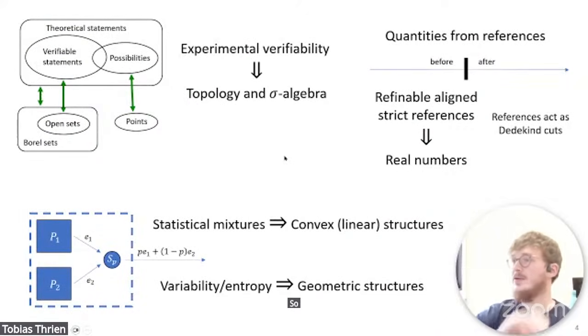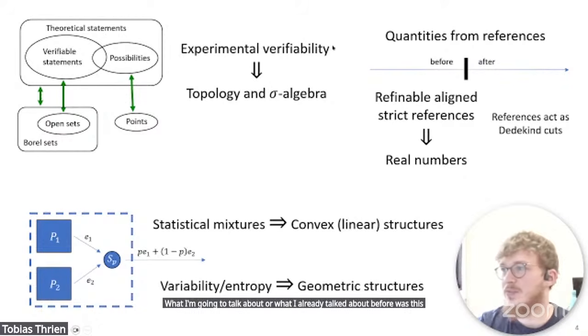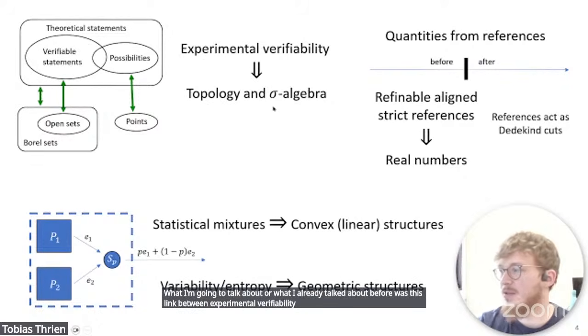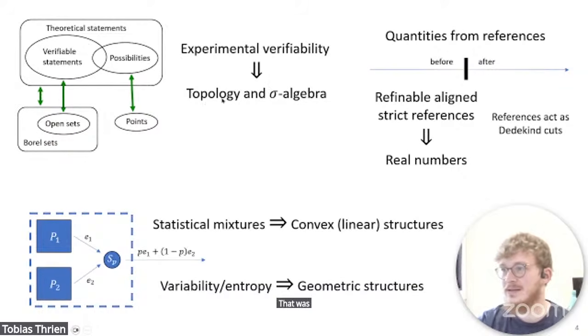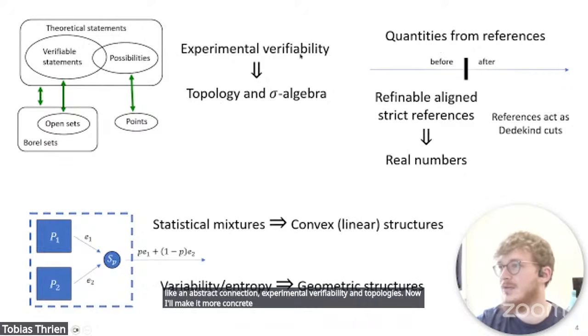What I already talked about before was this link between experimental verifiability and topology in sigma algebra. That was basically an abstract connection between experimental verifiability and topologies. Now I'll make it more concrete and show how, by saying what I can experimentally verify, I get a specific topology.